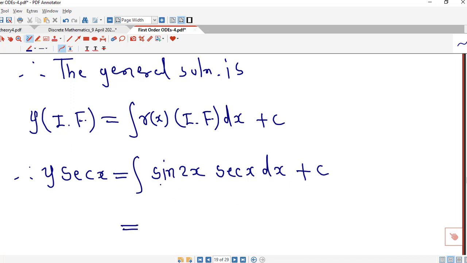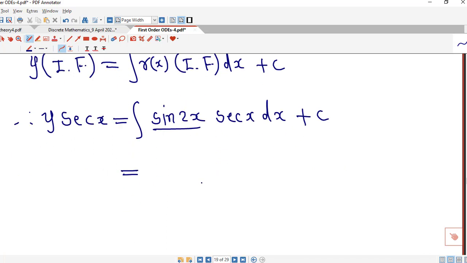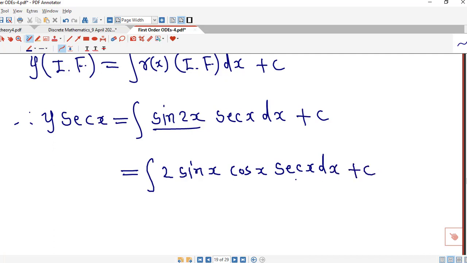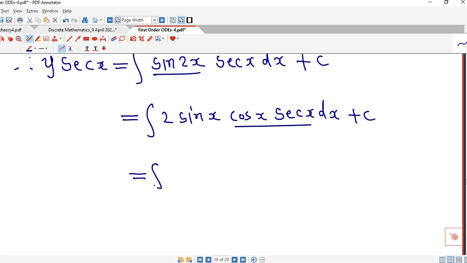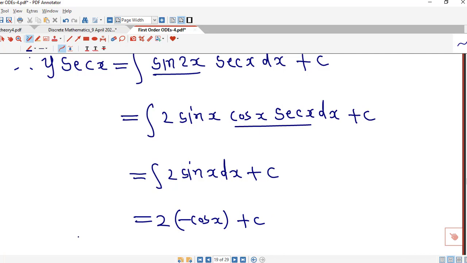Now to integrate this, first we write sin 2x equal to 2 sin x cos x, and sec x as it is, dx plus c, and cos x into sec x is 1. So this becomes integral of 2 sin x with respect to x plus c. 2 is constant, the integral of sin x is minus cos x plus c.